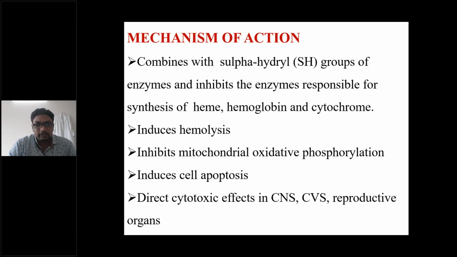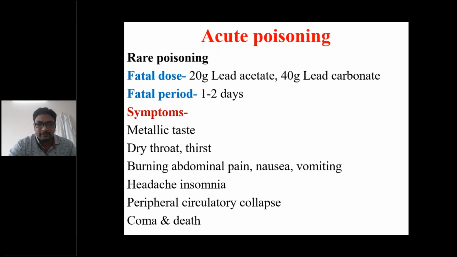Mostly the mechanism of action is that it binds with sulfhydryl groups and inhibits the enzymes of synthesis of heme, hemoglobin, and cytochrome. Thereby, it inhibits oxidation and respiration and causes hemolysis. Acute poisoning, we know, is very rare. In metallic poisons we mostly have chronic poisons.